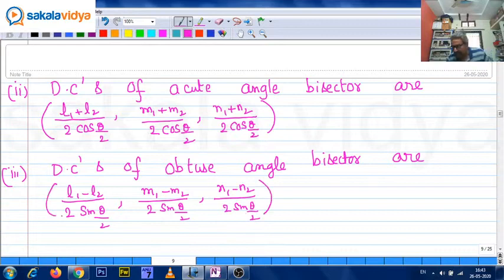So these are the concepts regarding the angle bisectors. Okay.